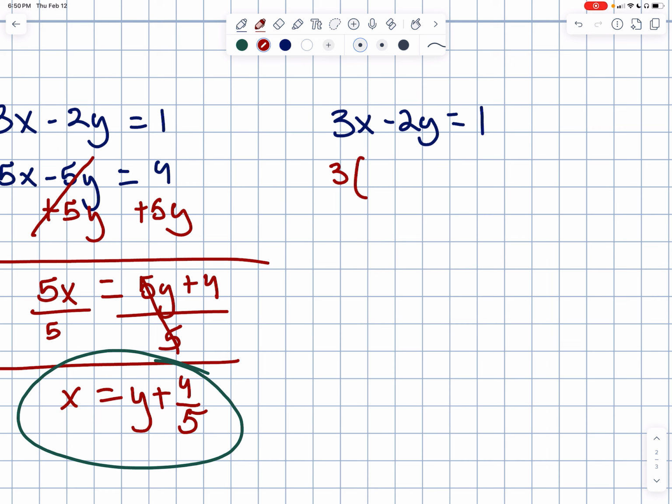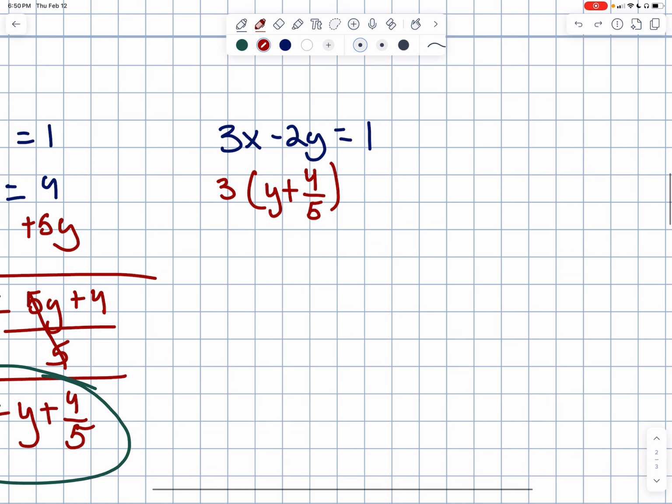So 3 and then parentheses because we're plugging in a number and a variable. What's my x? y plus 4 over 5. Where'd you get that from? Right here. So minus 2y equals 1.